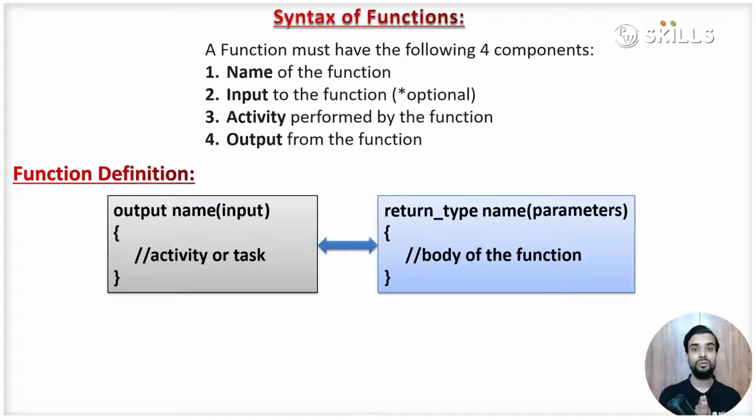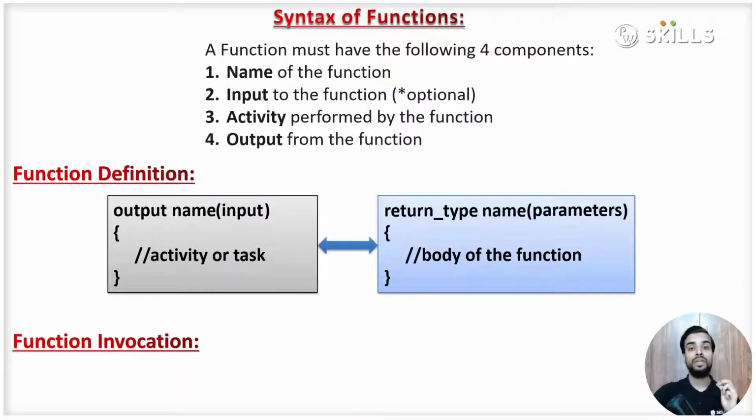But we also know only the function definition is not enough, because only if you define the function and leave it as it is, magically the function won't be executed. For a function to be executed, you need to invoke the function, you need to call the function. Now, what is the syntax for the function invocation, sir? It is very simple. All that you have to do is, first and foremost, give the name of the function, whatever is the name of the function.